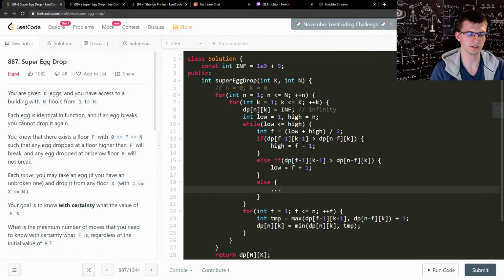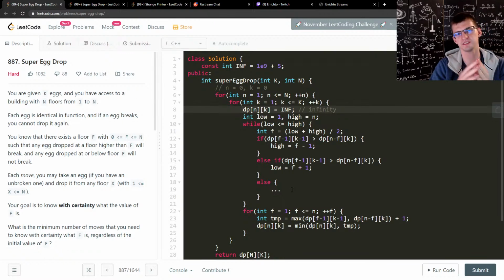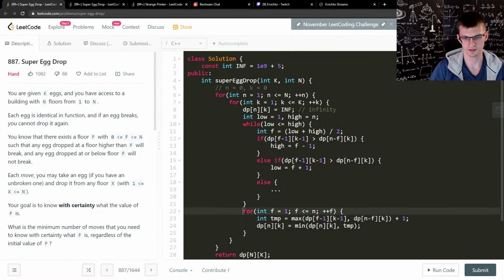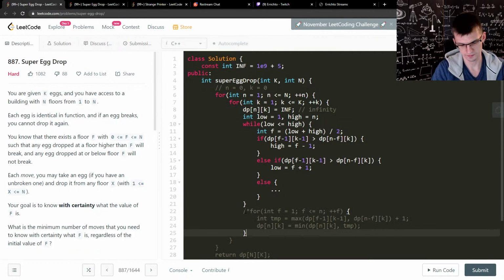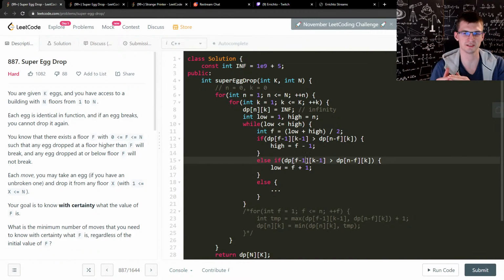Else here we actually found the balance point where both things are equal to each other. So here we can say exactly what dp of n, k will be. And we will not find anything better, because moving to one side can only increase one of the values, so the maximum, and then it will be worse. But even if that doesn't happen, we will find this way the place closest to the balance point.